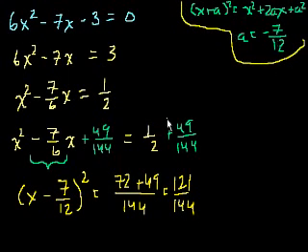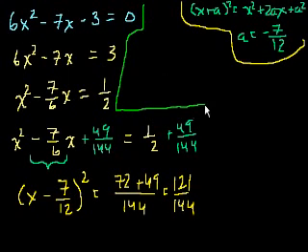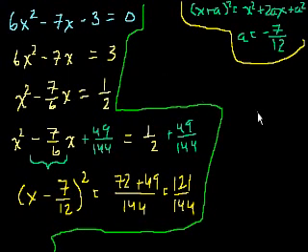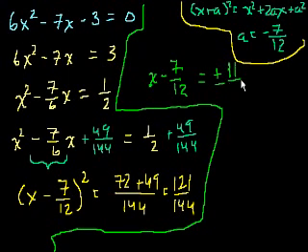So what do we do now? Well, now we just take the square root of both sides of this equation, and we get, and I'm trying to free up some space, switch to green. Let me partition this off. And we get x minus 7/12 is equal to plus or minus the square root of that, so plus or minus 11 over 12, right?